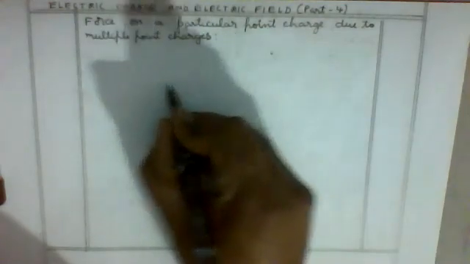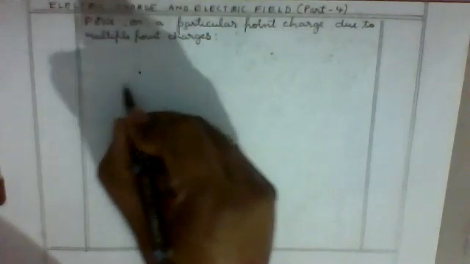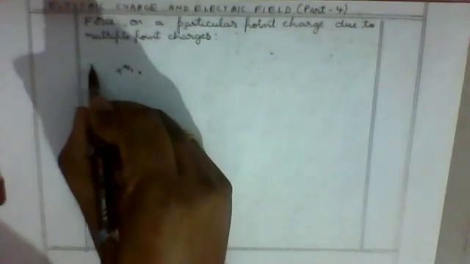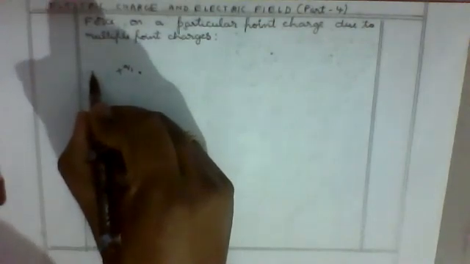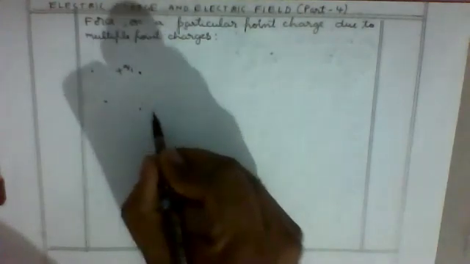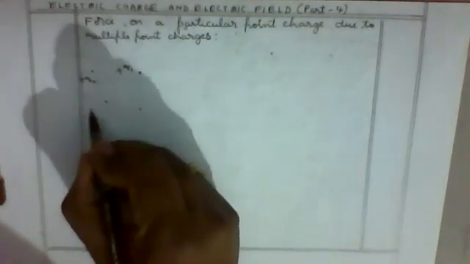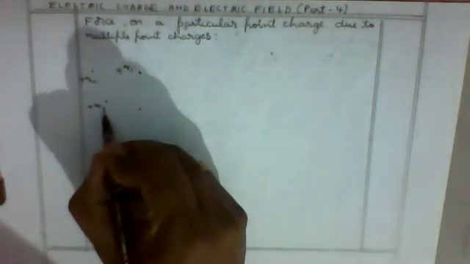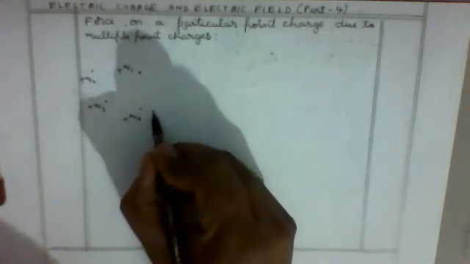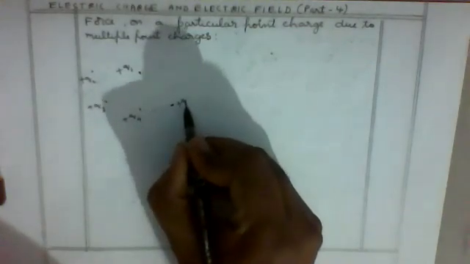So first, let us consider a point charge plus Q1 near a group of point charges: Q2, Q3, Q4 and so on up to Qn.